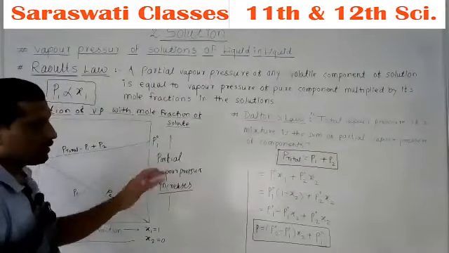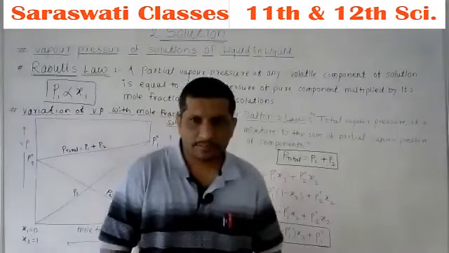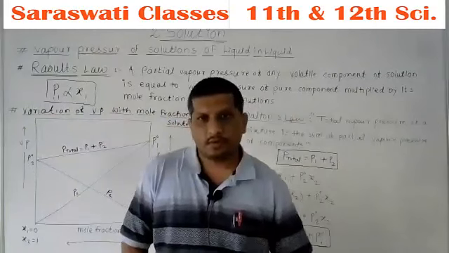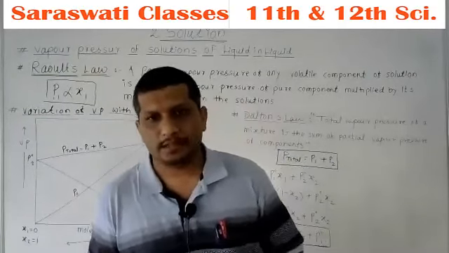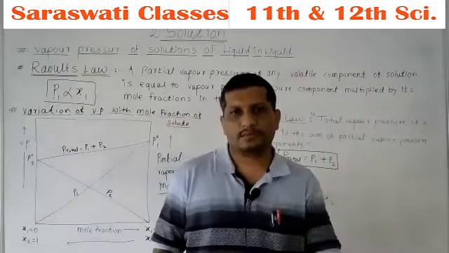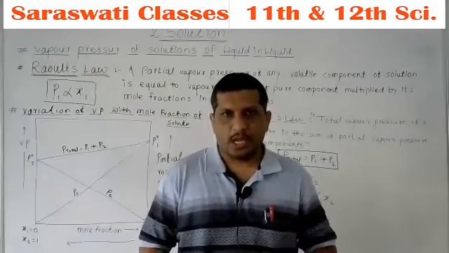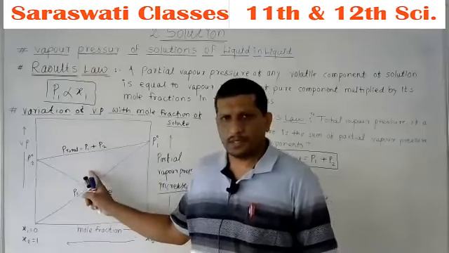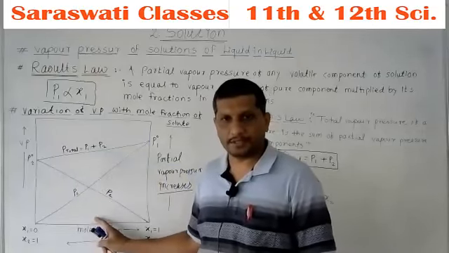Next is another point. Because the remaining time is less, we can only say the next topic is ideal solutions and non-ideal solutions. What are the points of an ideal solution, and what are the points of a non-ideal solution? This graph also represents positive deviation and negative deviation.